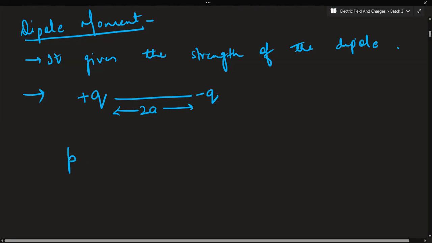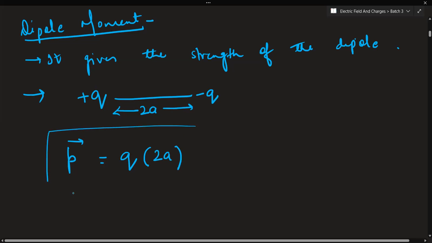It is represented through the symbol p. It's also a vector quantity. Take the magnitude of any of the charges. Both of the charges have the same magnitude. So take any of the charges, let's say q. Don't consider the sign, just take the magnitude and multiply it with whatever is the separation between the two charges.